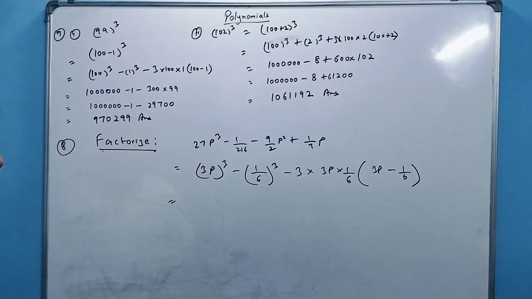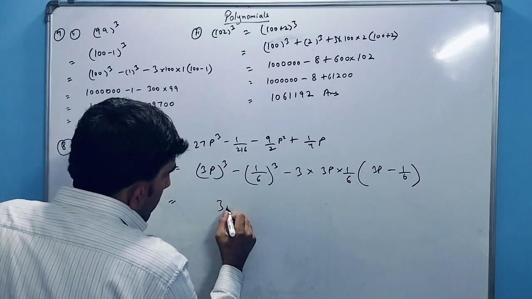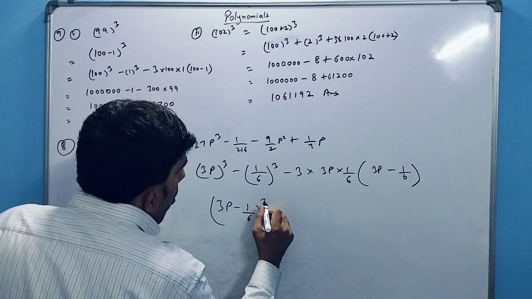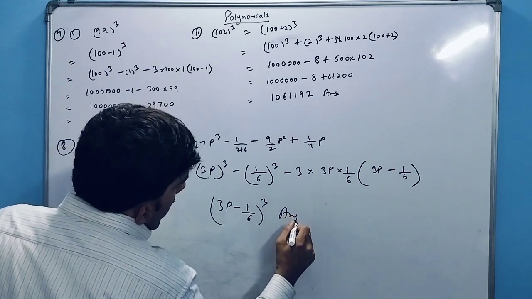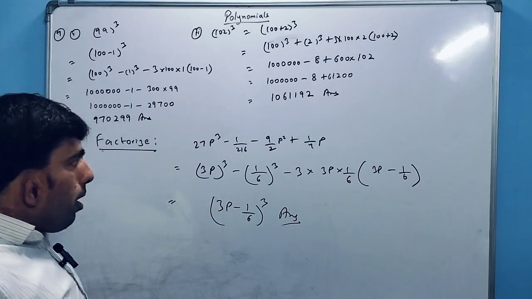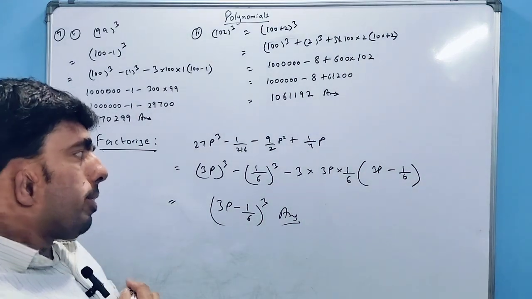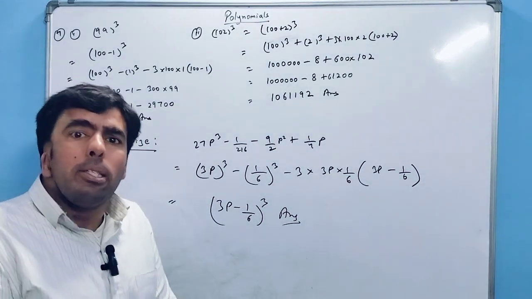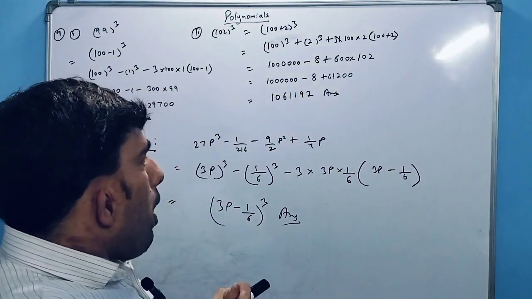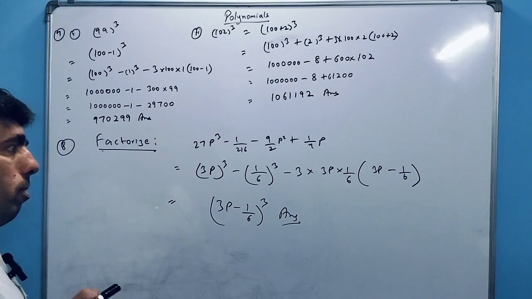I have done this. Now the formula will be 3p minus 1 upon 6 whole cube. So that is what I have got, a minus b whole cube, that is a cube minus b cube minus 3ab into a minus b. So that is how we can easily apply the formula for it.